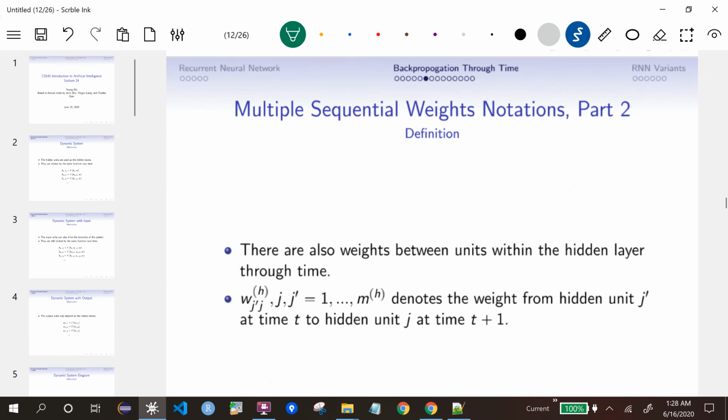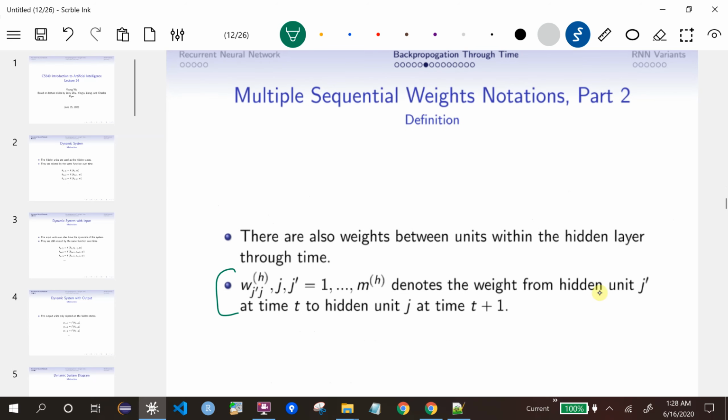The only difference is we have these weights between hidden units j prime and j at different times. So these are basically the connections between hidden units for consecutive words in a sentence.